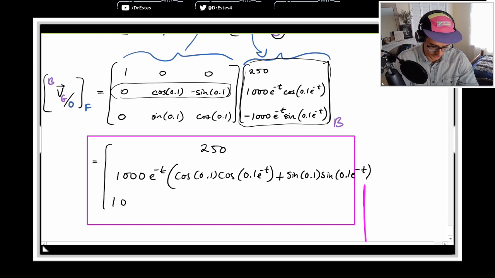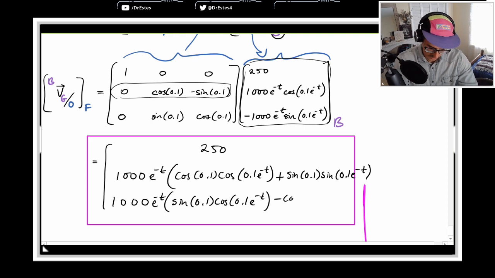Okay, then let's do the last one. 1000 e to the minus t. This one's going to be sine 0.1 cosine 0.1 e to the minus t minus cosine 0.1 sine 0.1 e to the minus t.